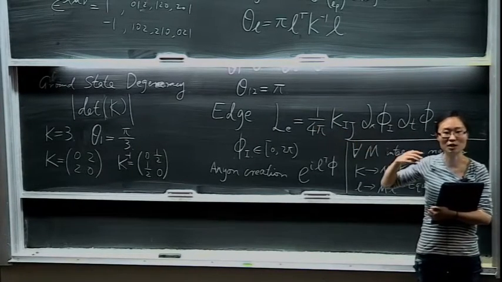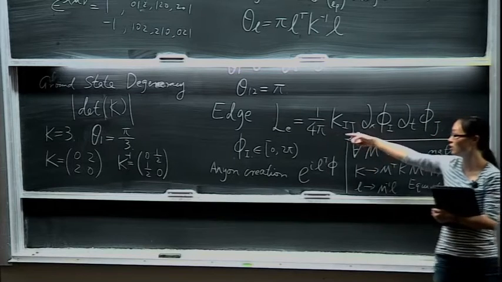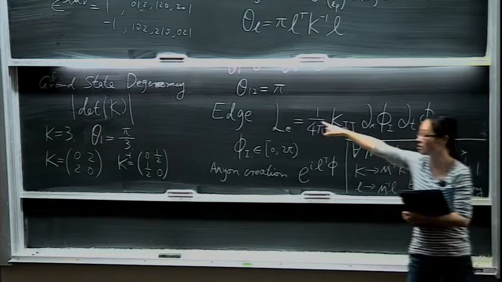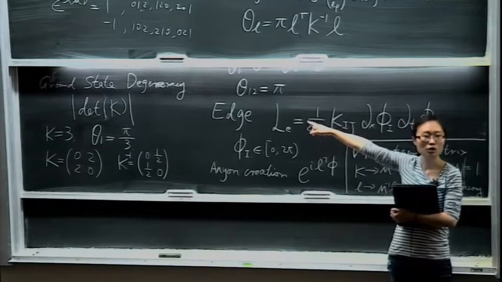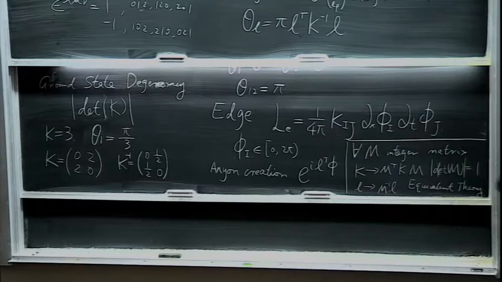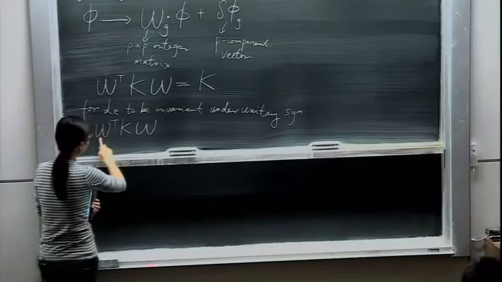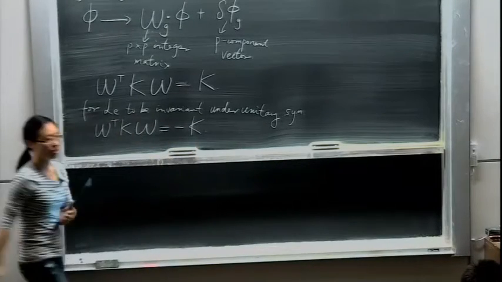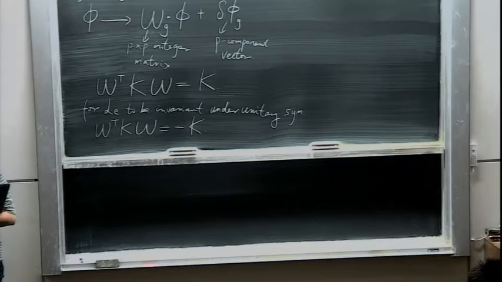That's just by saying we want the symmetry to do time reversal, and then automatically there's a minus sign in front. So in order for the theory to be invariant, we want W transpose K W to be equal to minus K, just to cancel that minus sign coming from T going to minus T.